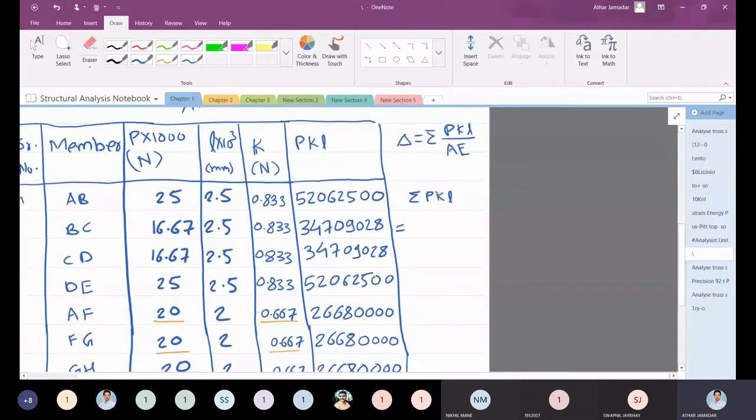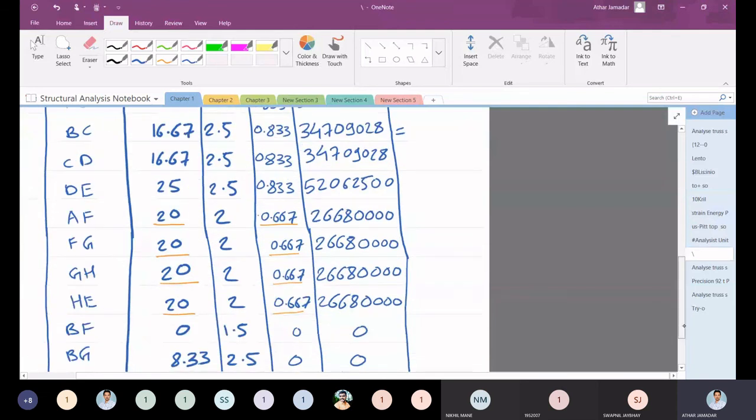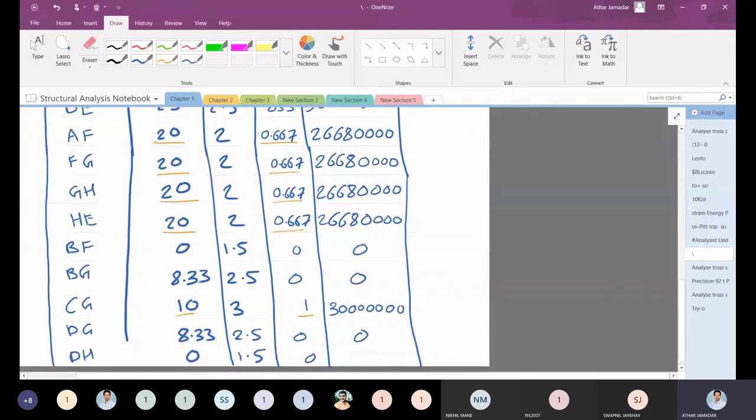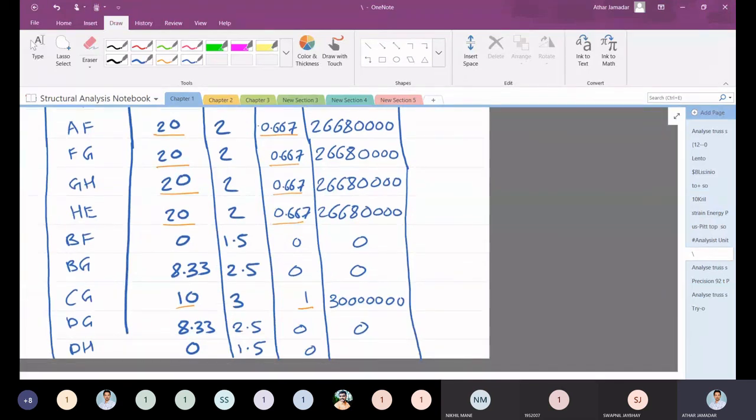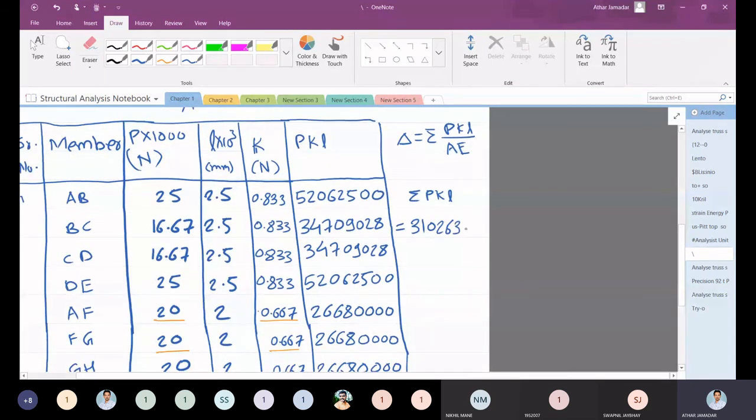So for AB 52.06 into 10 raised to 6, then for BC 34.70 into 10 raised to 6, CD same value, for DE 52.06 into 10 raised to 6, for AF 26.68 into 10 raised to 6, AF to HE values are same, BF is 0, BG is 0, CG 30 into 10 raised to 6, DG is 0, and DH is also 0. Now take summation of PKL, that means vertical summation of this PKL.